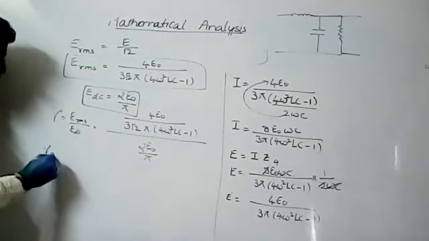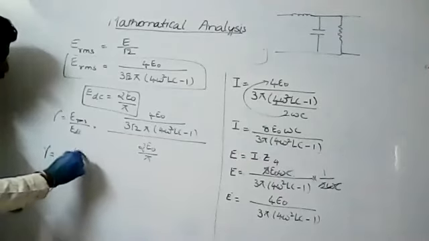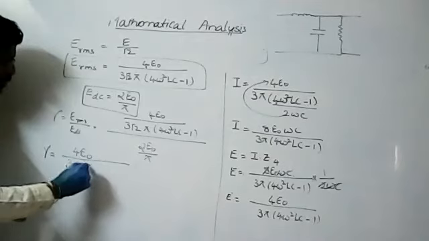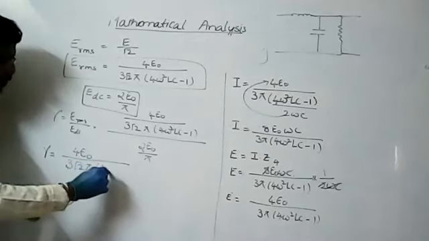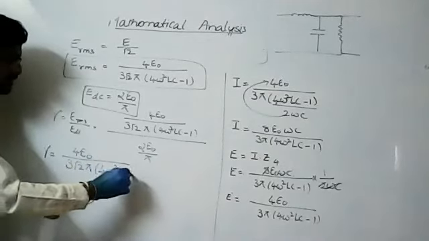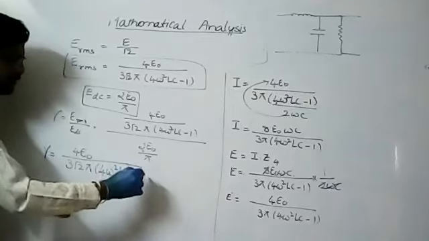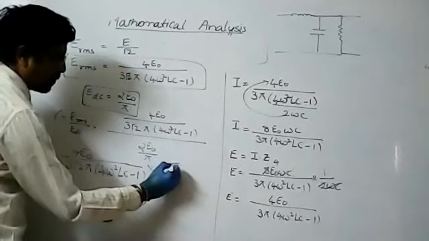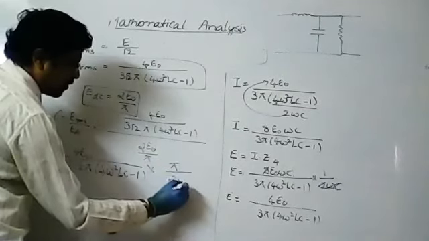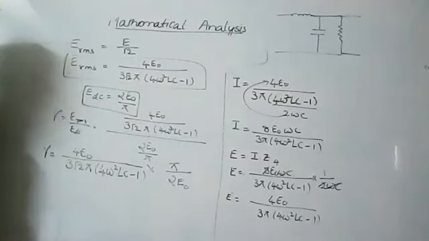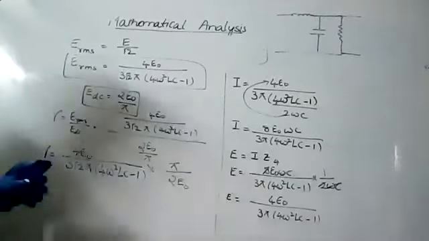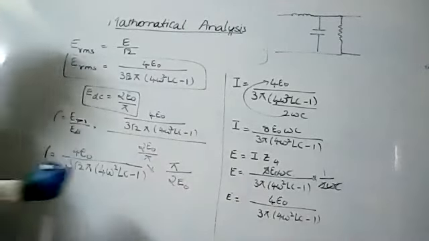So ripple factor is equal to 4 E naught divided by 3 root 2 pi into 4 omega square LC minus 1, into, this I will invert when it goes here, pi by 2 E naught.